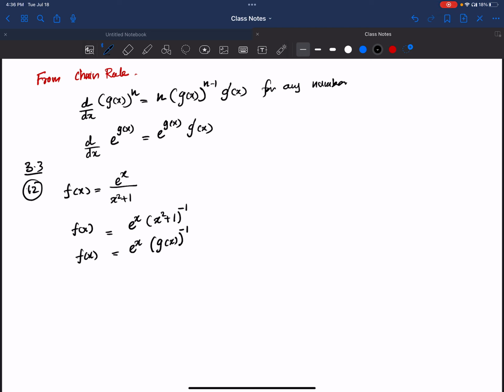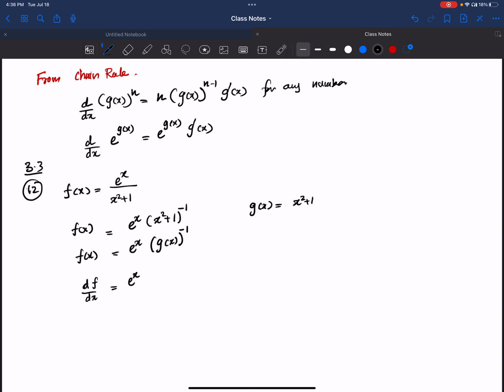So here g of x is x squared plus 1. And then I want to find df over dx.